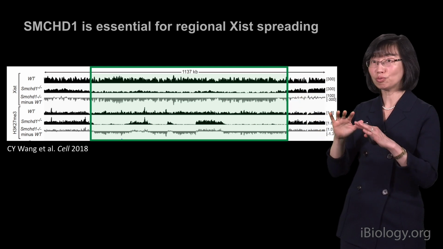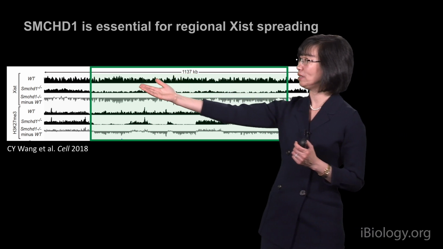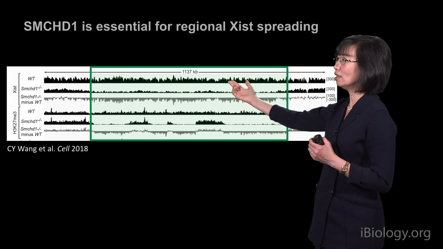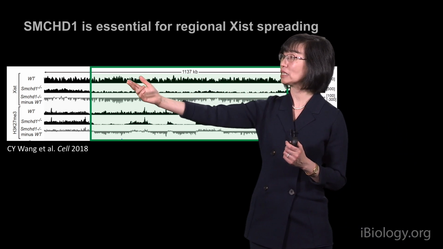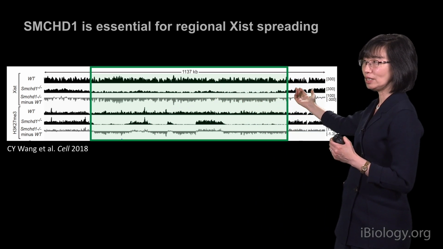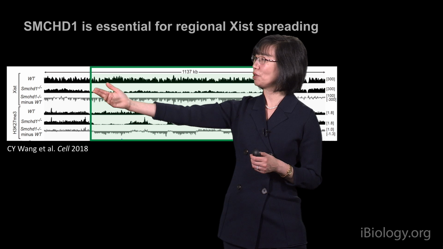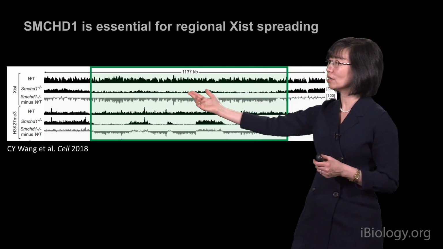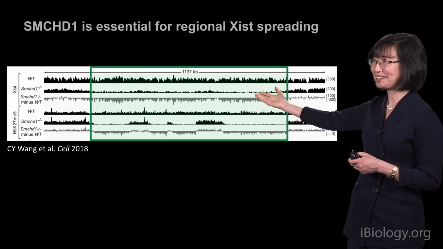SMCHD1 is important for the regional spreading of Xist, and you can see in this epigenomic analysis in the first track that Xist spreads along this region of the X chromosome, about 1 megabase, more or less evenly. But in the SMCHD1 knockout, which is shown in the second track, you can see that there is a depletion of Xist across this 1 megabase domain, which is also green shaded.